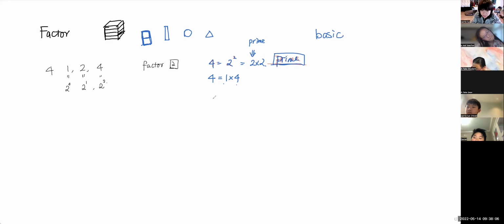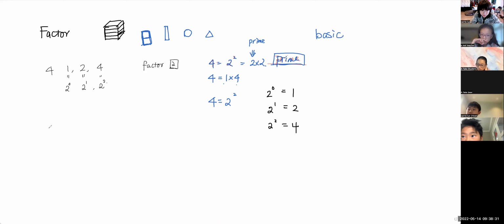You see, 4 equals 2 squared. That means in order to make 4, the basic piece is 2. So we can use either no 2, one 2, or two 2s. That's why we have 1, 2, and 4. So far, do you understand?